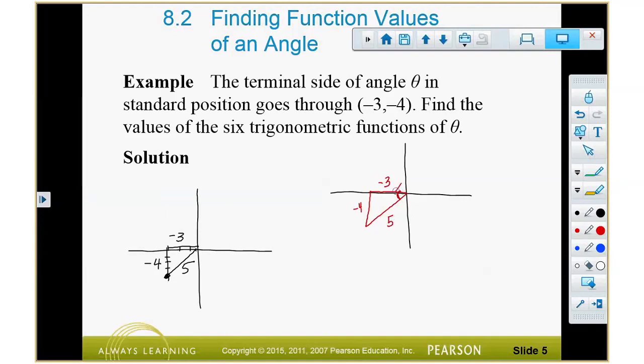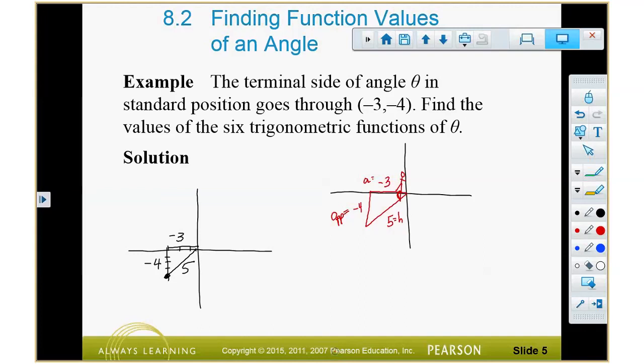That means he's got his foot on the adjacent and the what? The hypotenuse, and he's looking at the opposite. All right? Now, find the 6 trigonometric functions of that angle.